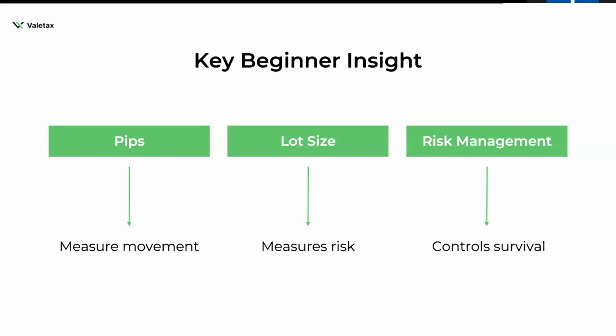And lot size directly can affect your emotions. The higher your lot size, the more emotional you might get about a trade that is in movement. If your lot size is too big, you might be faced with lots of emotions like fear, greed, and loss of control. So we need to learn to manage our lot sizes.